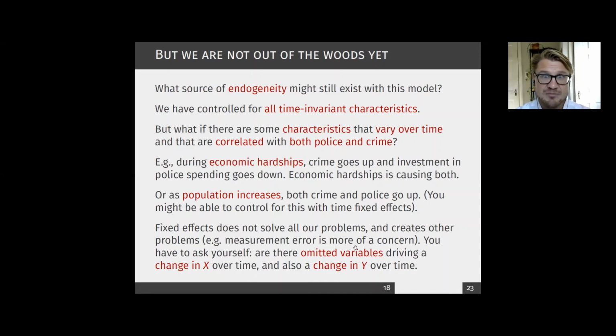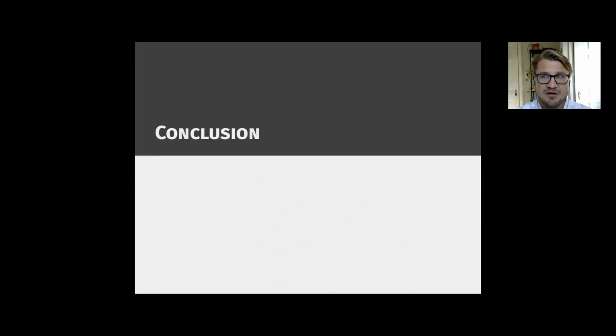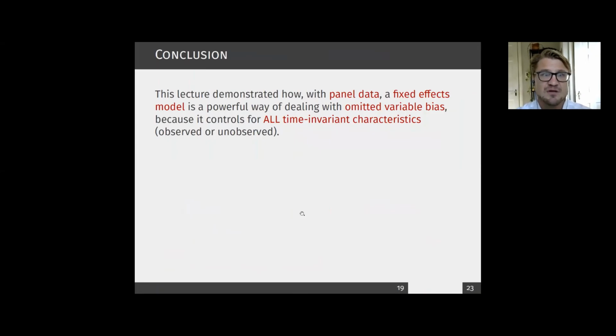It becomes quite a problem if you have measurement error. And most importantly, we have these omitted variables that could be driving a change in X that also explain a change in Y. So it's really about these factors that are changing over time that could be a source of omitted variable bias.